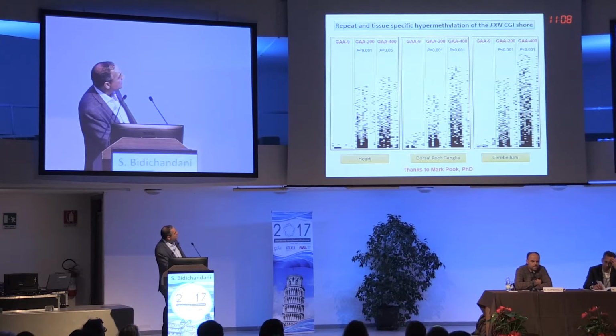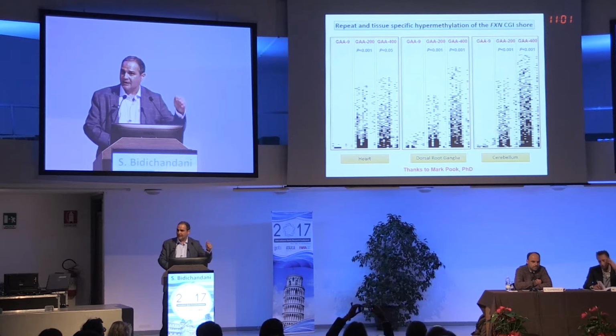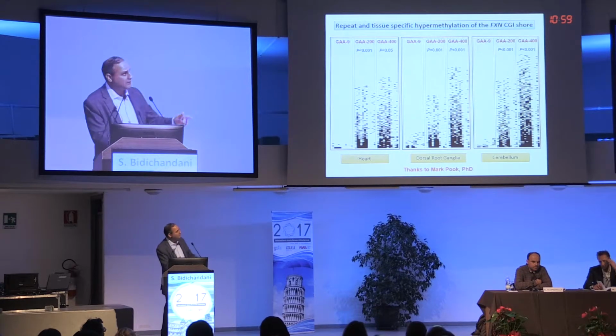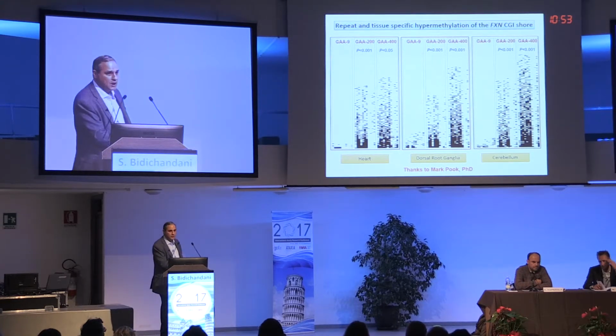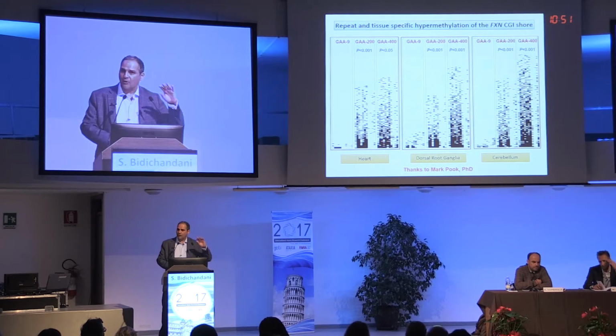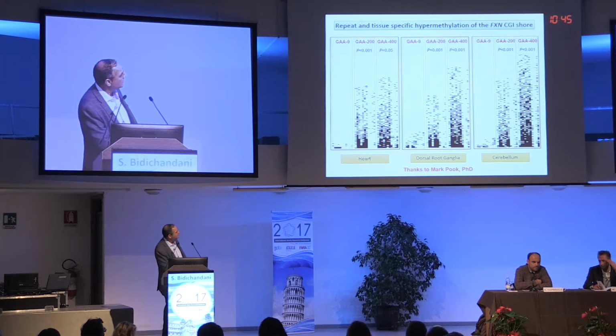Then when you have the 200, you have methylation. And when you have 400, you have a little bit more methylation than the 200. So this is length dependent and repeat dependent. But what you also see is a little more methylation in cerebellum compared to DRG compared to heart. And we've also seen this across muscles, cerebrum, and so on. So there's tissue-specific variability in this methylation phenotype.